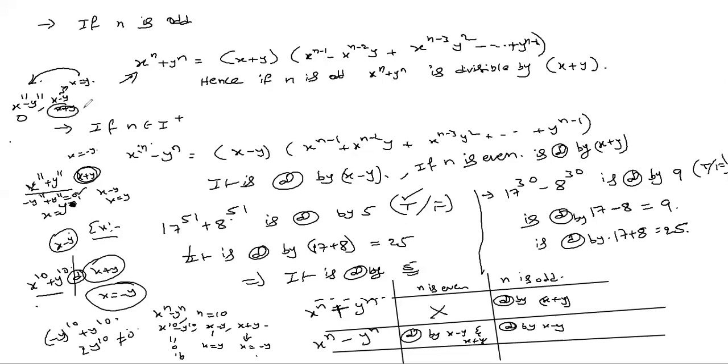Okay, what about this? X equals to negative y, we have to substitute. Negative y power 11, negative y power 11, not 0. So that's why we cannot say it is divisible by what? X plus y. So that's why only we can write these four situations. Understand? Okay, make a note.